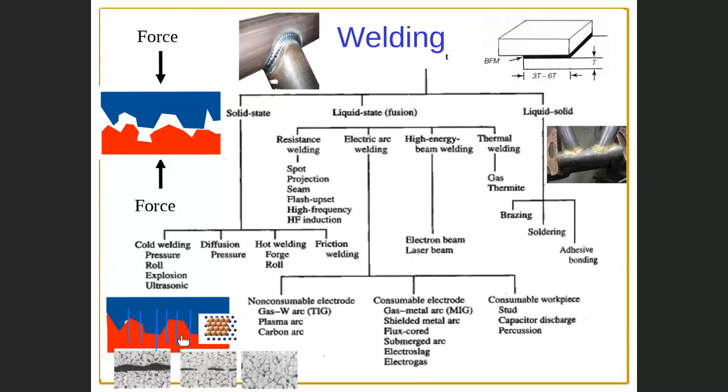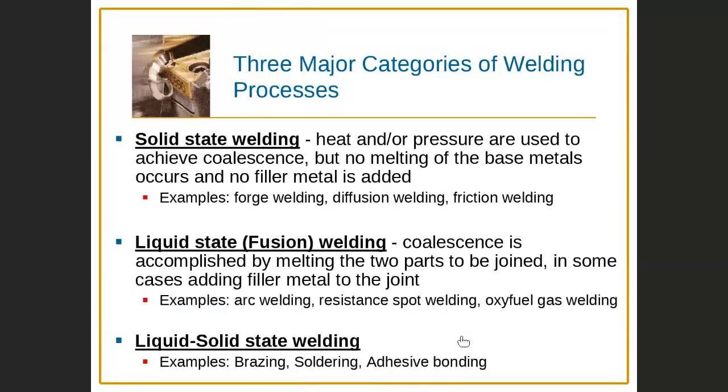When you heat the two substrates, material will quickly migrate from one to the other, and the bond is created in a faster way, but with no melting. We just heat the two substrates to energize the atoms to quickly migrate from one to the other, then you can easily do the solid state welding.